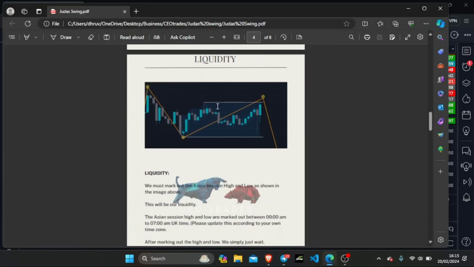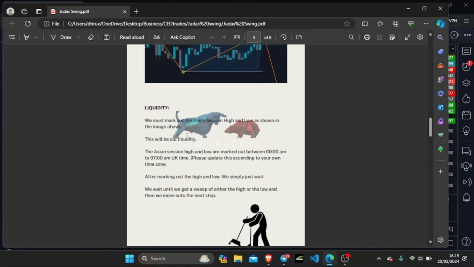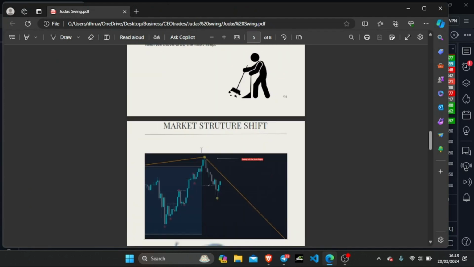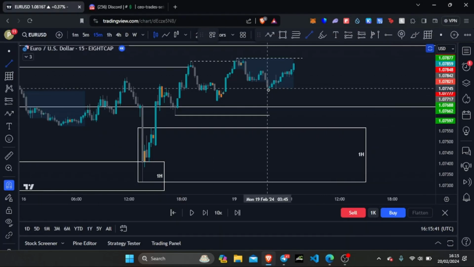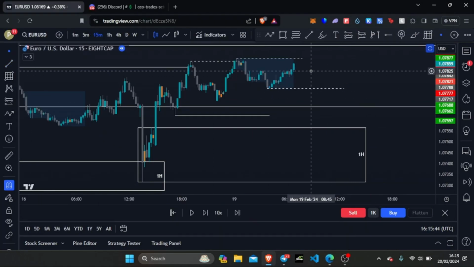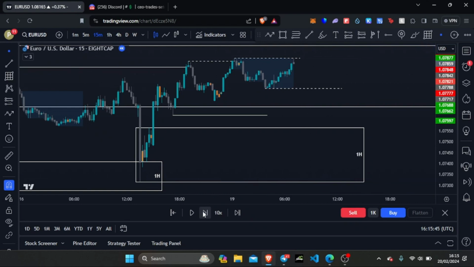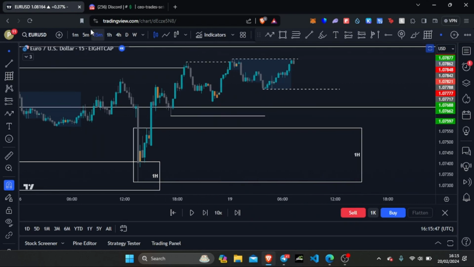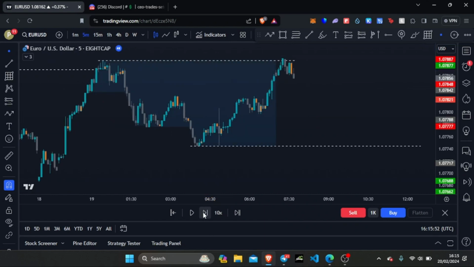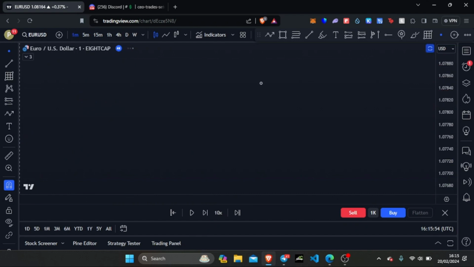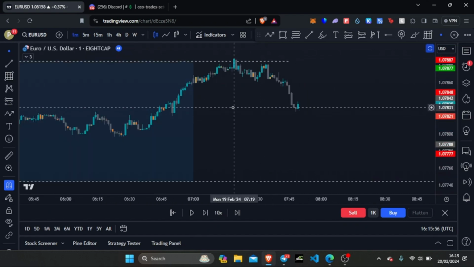So if you follow along with the framework, we now know that we're looking for a sweep of the liquidity, and all we're doing is marking out our Asia high and our Asia low, and there it is. So now if I play price on and we wait for a sweep of the Asia high, I'm now actually going to drop down to the 5-minute, because on the 1-minute we can look for a market structure shift.